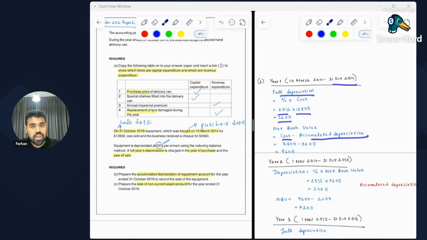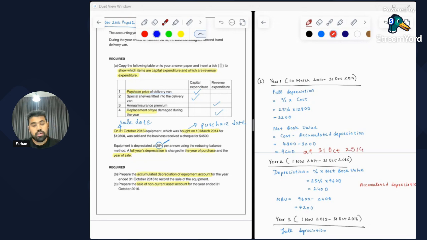The original cost, as we know, is 12,800, and the accumulated depreciation in the first year is basically the depreciation which we have calculated earlier, and that is $3,200, which gives us a net book value of $9,600 at end of 31 October 2014, which is at the end of year one. Okay? All right, so just hold that thought for a moment and see if you can understand what we have just discussed.